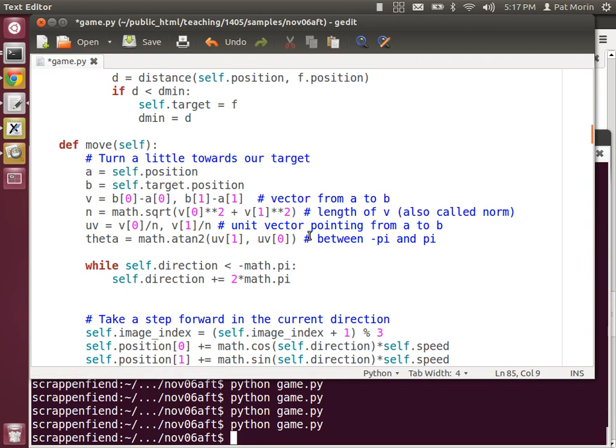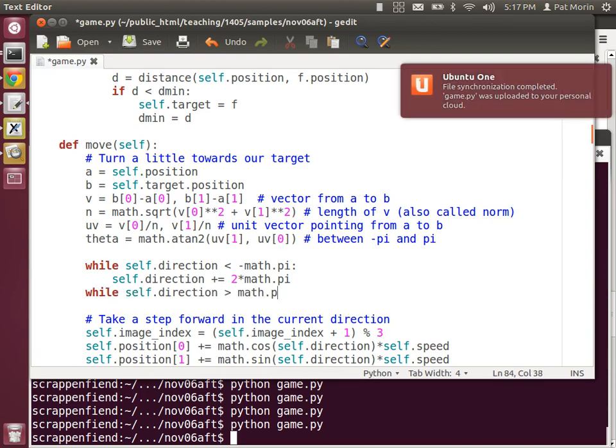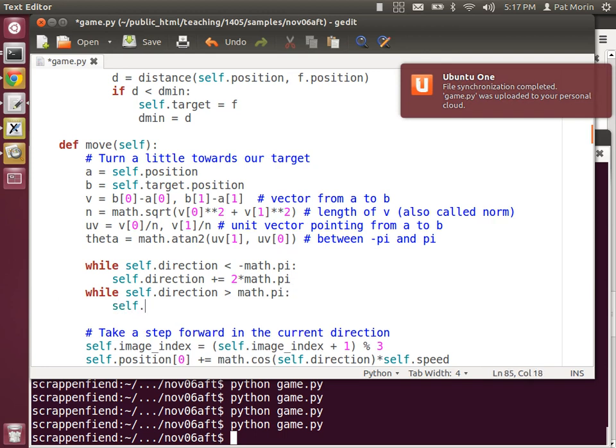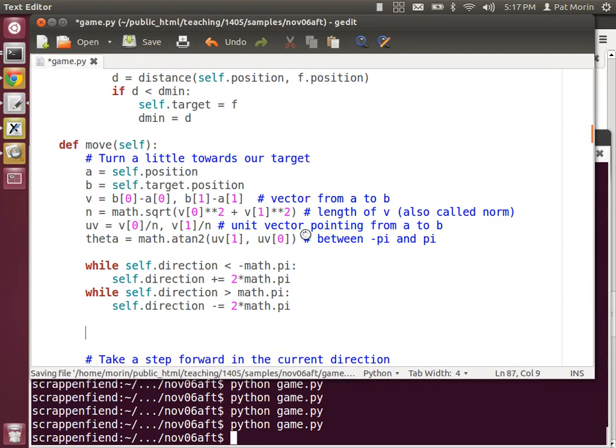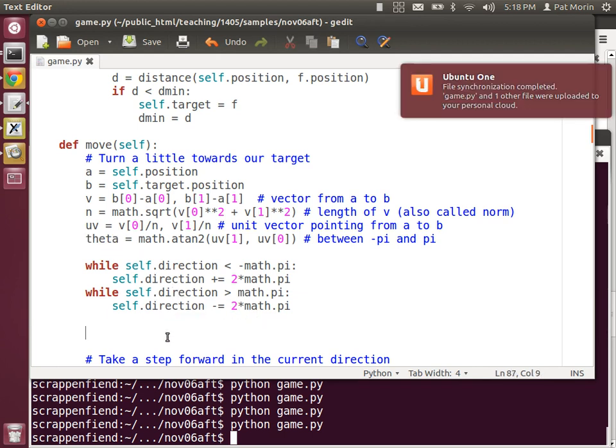So if our direction is less than minus math.pi, then we can add 2 pi to our direction, right? If I add 2 pi to a direction, I really get back the same direction. And if our direction is greater than math.pi, I can subtract 2 pi. Okay.